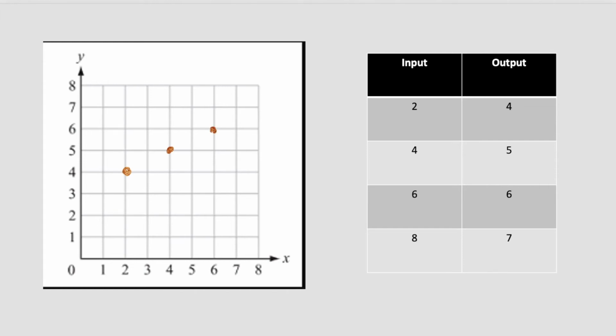Right here. And I go over to 8, and up to 7. And then I can actually draw a line through, and that would represent my chart here.